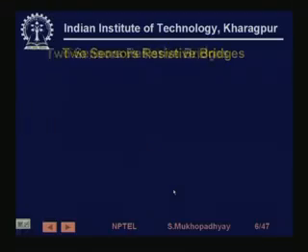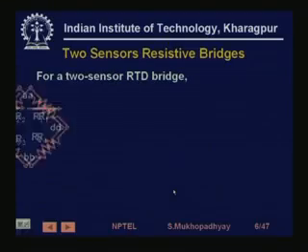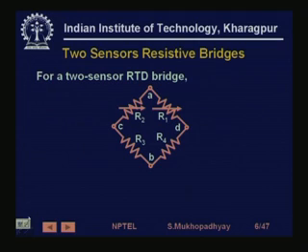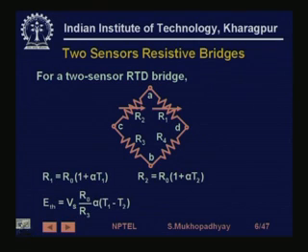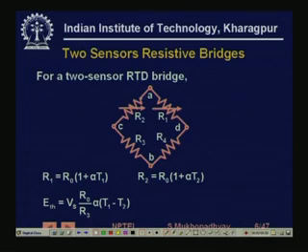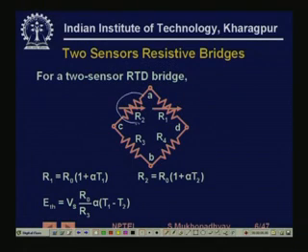Now in certain cases we can put two sensors in a bridge. Suppose we are interested in measuring the temperature difference between any two points in a process. At one point we put one RTD, at another point we put another RTD, and those two RTDs are incorporated in the bridge in these two arms.